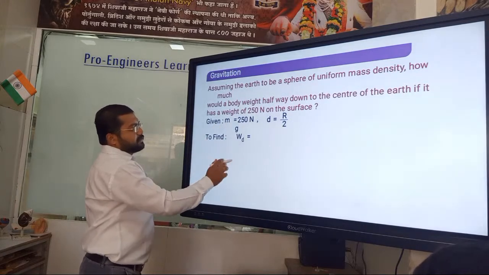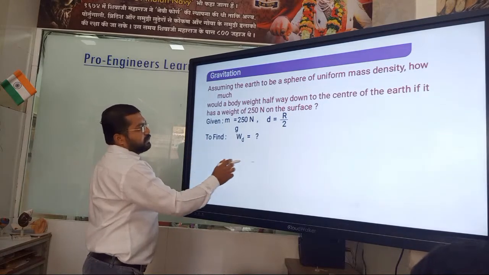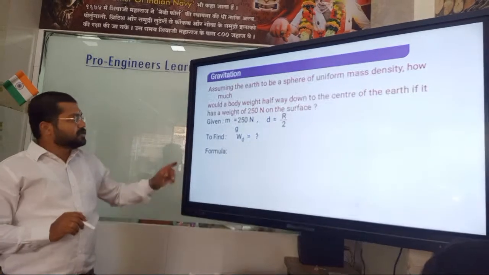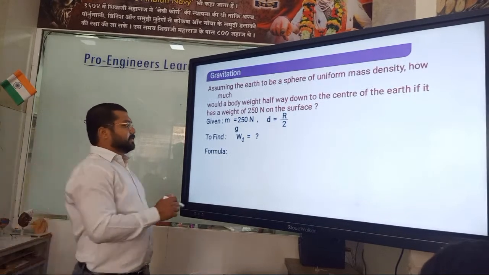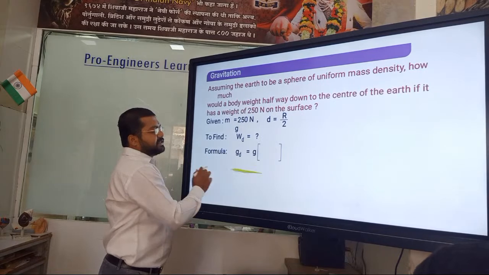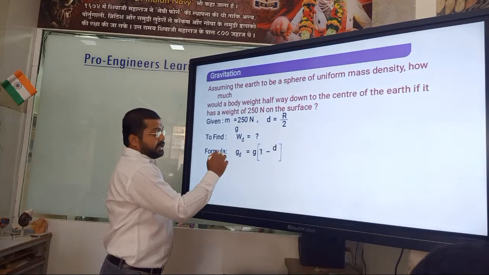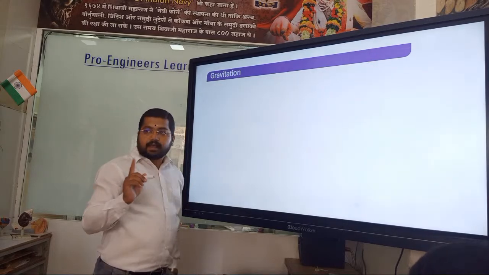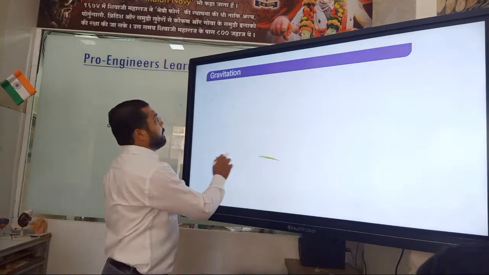So mg is 250 Newton, d is r by 2 and small g is 9.8. But gd is g into 1 minus d by r, right? Yes.